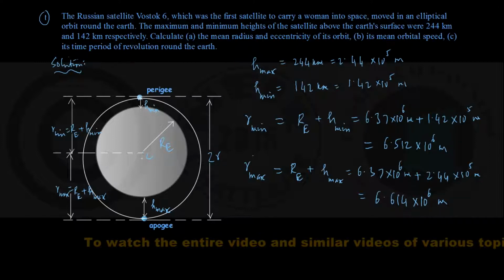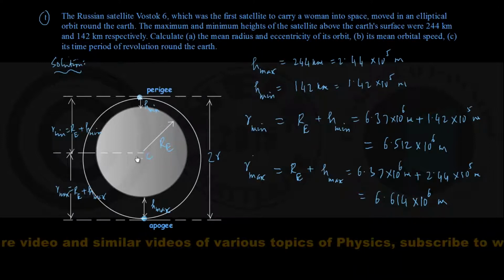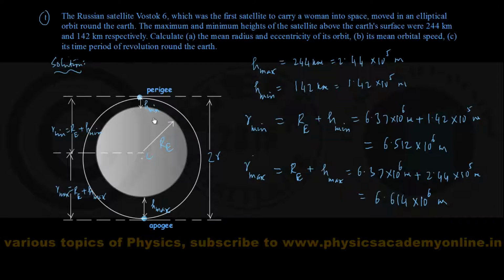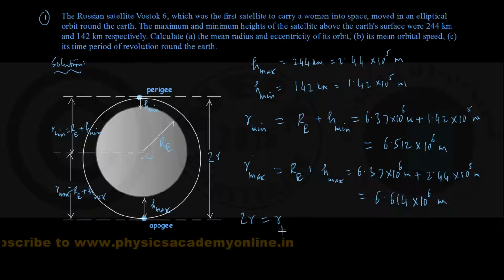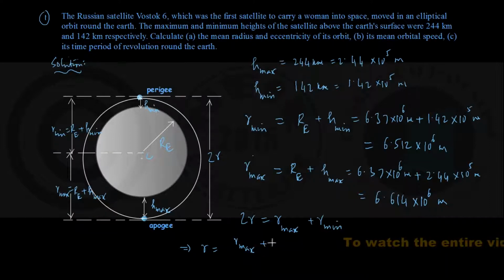Now once we have got the value of R max and R min, the corresponding apogee and perigee distances from the Earth's center, you understand from this figure and elliptical properties that the length of the major axis, which is 2r, is the sum of R max and R min. Therefore, the length of the semi-major axis, that is taken to be r, which is also referred to as the mean radius for this elliptical orbit, is given by the arithmetic mean of R max and R min, that is R max plus R min divided by 2.